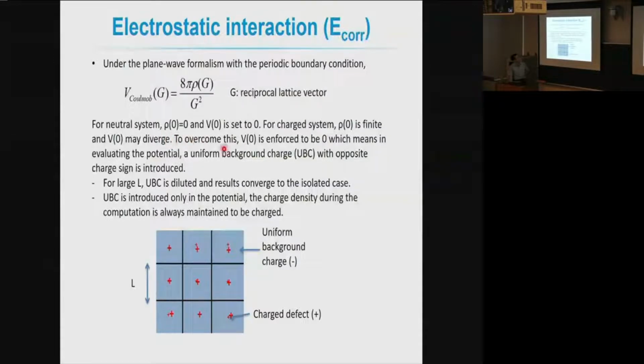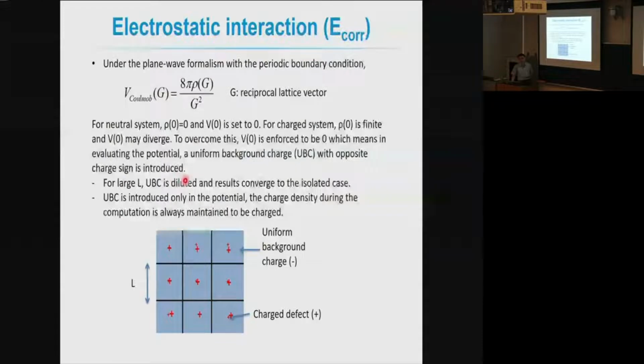So to overcome this, V0 by convention is enforced to be 0. Which means that in the case of the charge system, you are setting rho 0 to 0, meaning that you are introducing the uniform background charge, which we call UBC, with the opposite charge sign.